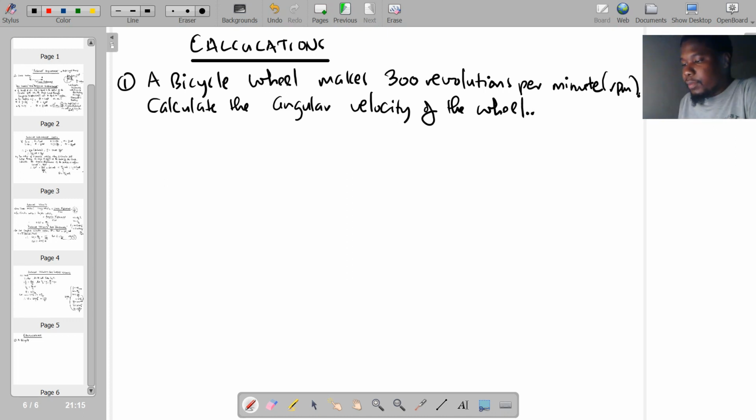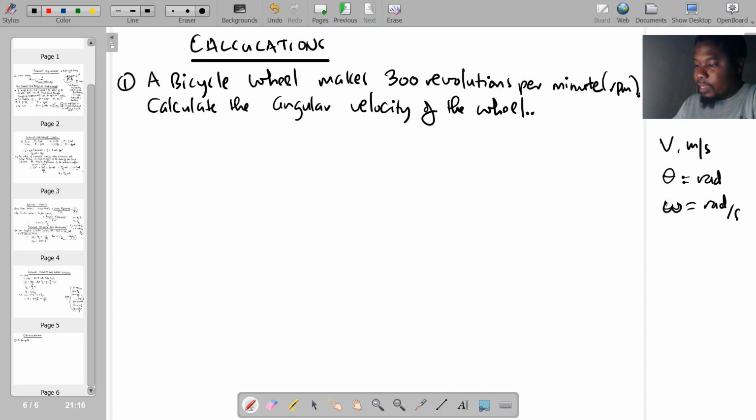One thing that you need to understand first of all is that linear velocity has units of meters per second. Angular displacement has units of radians. Angular velocity is radians per second. Very important for you to remember.